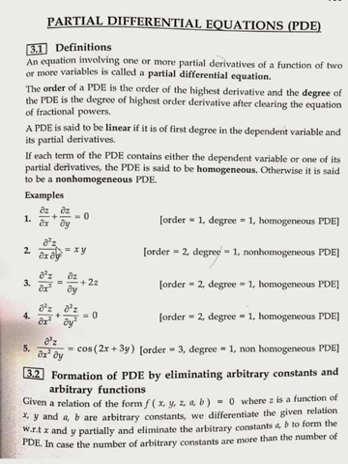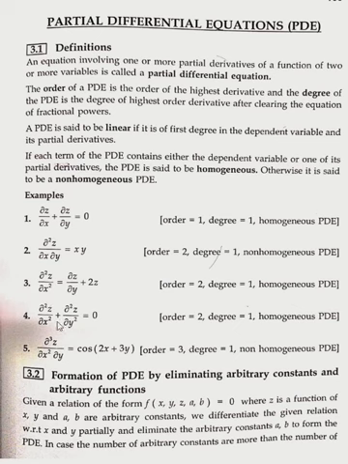In the second example, the first term contains the dependent variable z and one of its partial derivatives. But this term does not contain the dependent variable z or any of its partial derivatives. Therefore, this is non-homogeneous. In the third example, every term contains either the dependent variable z or one of its partial derivatives. Therefore, this is homogeneous.